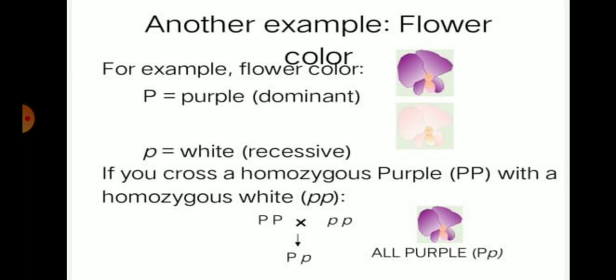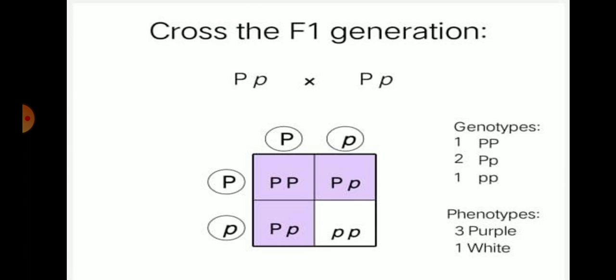For the F1 generation, when we cross these pure line parental plants, the flowers produce the F1 generation. The F1 generation gives all purple plants with the heterozygous genotype, that is one capital P and one small p, one dominant allele and one recessive allele, where the dominant allele hides the expression of the recessive allele.